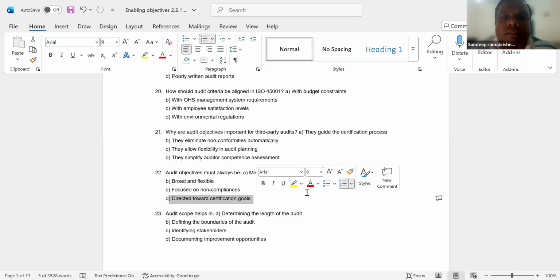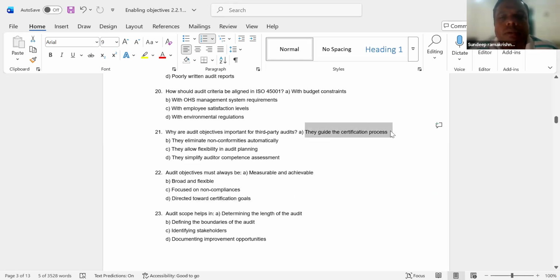At the end of the day the audit objectives have to be achieved, and only then do we go to the next part of certification. So this is one of the best fit answers here. Right, okay, so we have to go to audit objectives in 19.11, read it a little more, and then come to the conclusion.